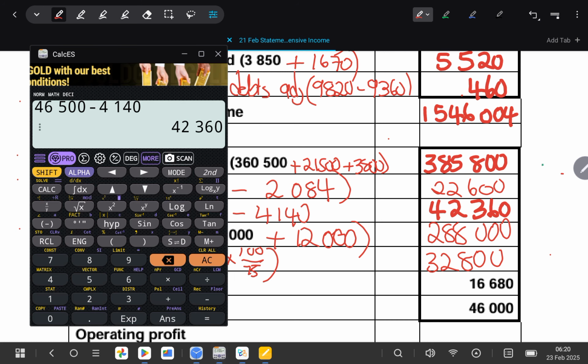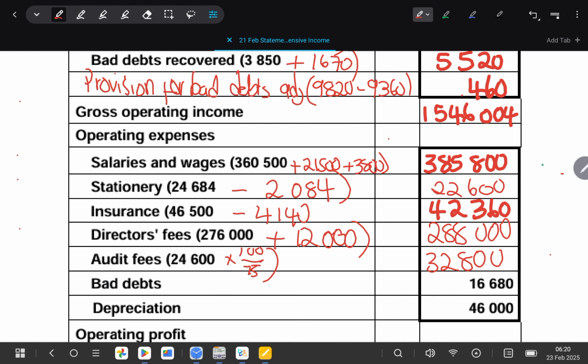Okay. Now let's add all our operating expenses. Remember, operating expenses should be bracketed.